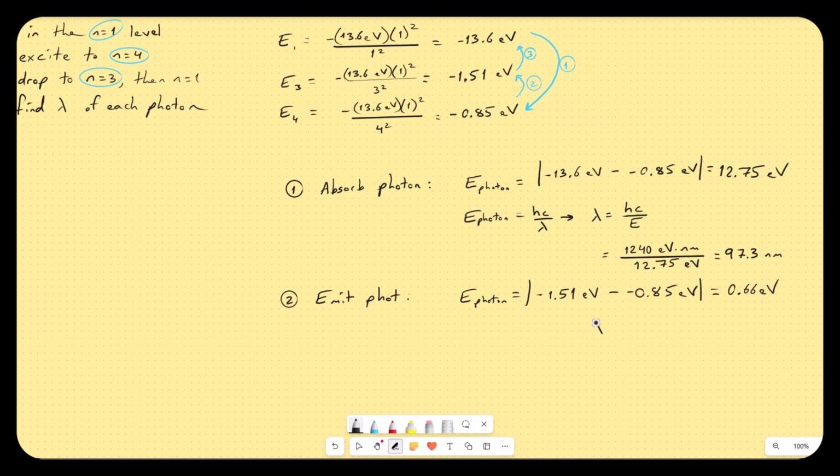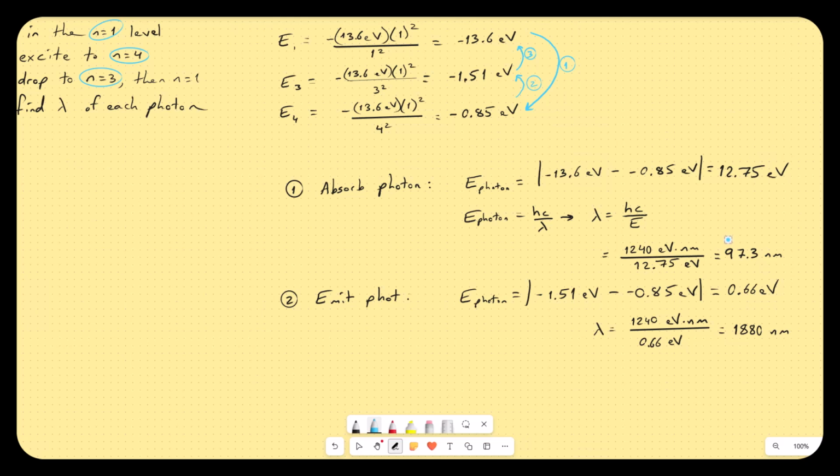And then my wavelength is going to be 1240 electron volt nanometers over 0.66 eV, and that gives me 1880 nanometers. This one, 97.3, this is too small of a wavelength for me to see.